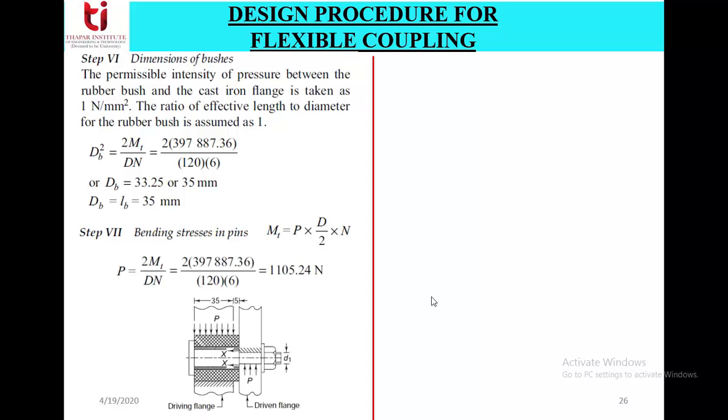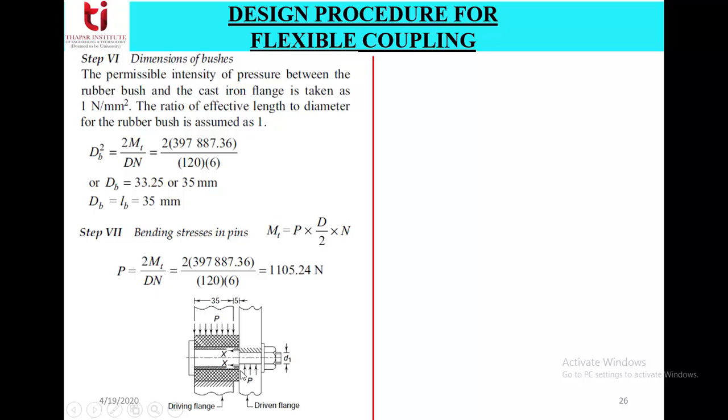Again the same problem, this is the force P which is trying to produce the torque Mt. So we can get the magnitude of force P, and again we are assuming that the gap between the left flange and right flange is 5 mm. This 35 mm we have already evaluated, this is the length of the bush. We do not require this dimension for calculation of the bending strength.